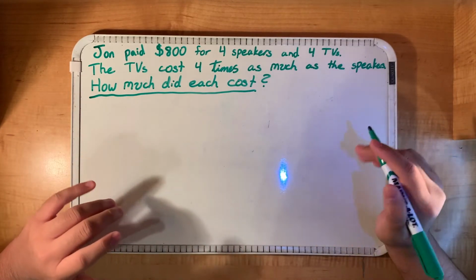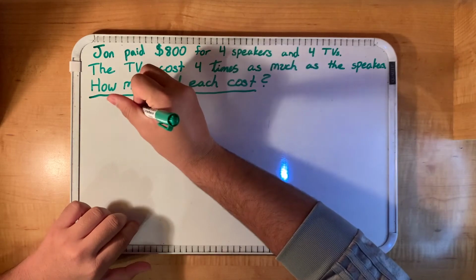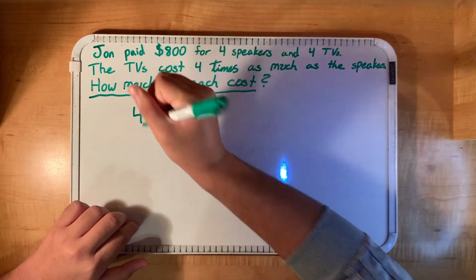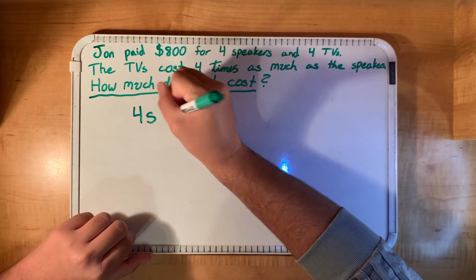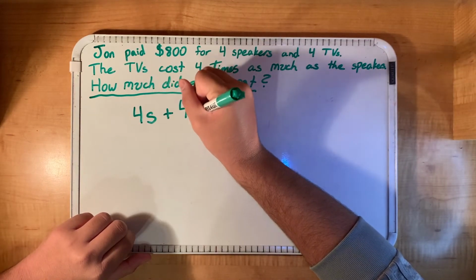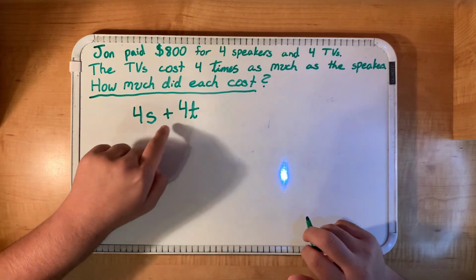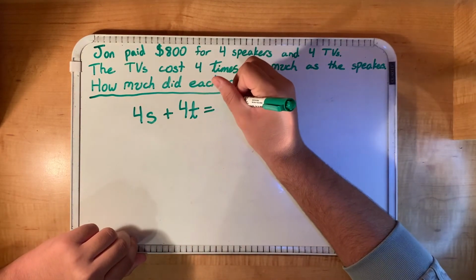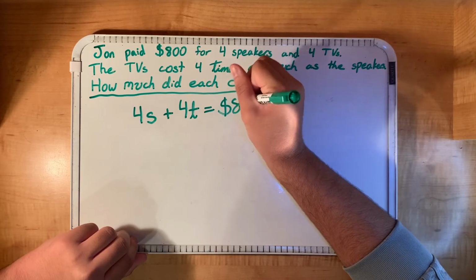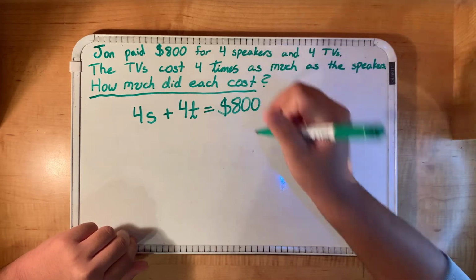Our equation would be 4S, so 4 speakers, plus 4 TVs, is equal to $800.